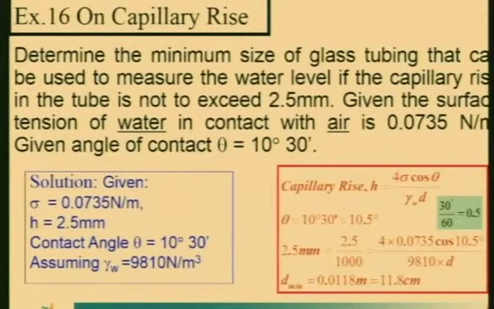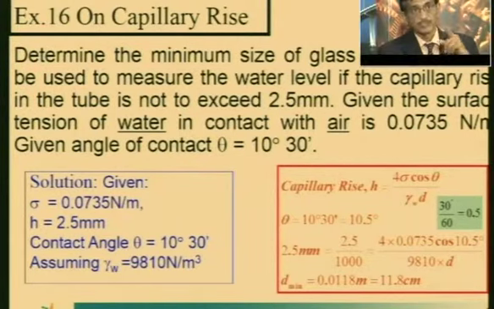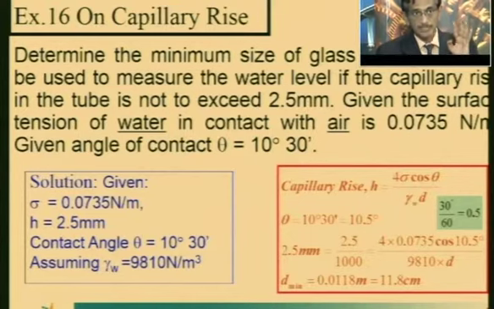Is it okay? Let us list out the quantities one by one. You can see the first one is given as surface tension sigma 0.0735, capillary rise is limited to 2.5 mm. No doubt my dear students, we are going to convert this 2.5 mm to meter by dividing it by 1000. Then comes contact angle theta, 10 degree 30 minutes.